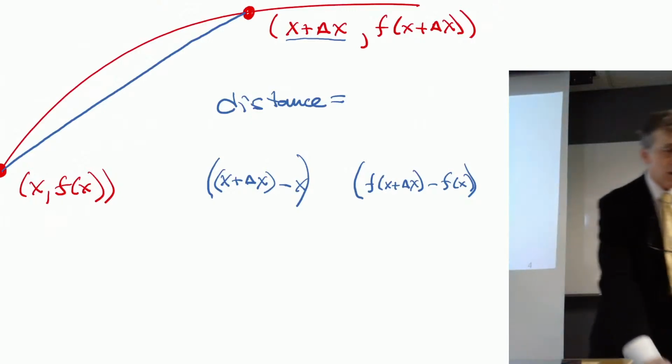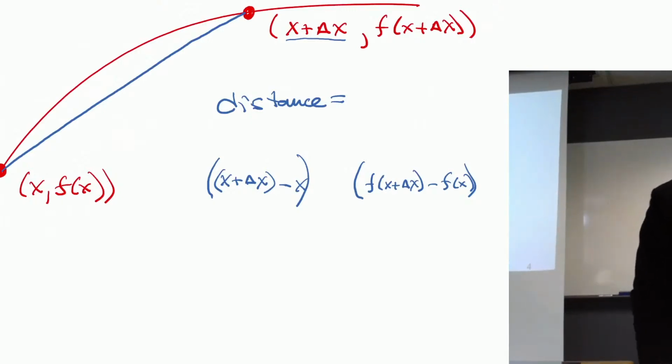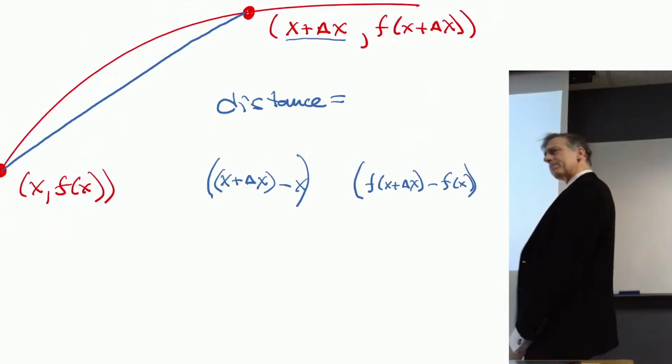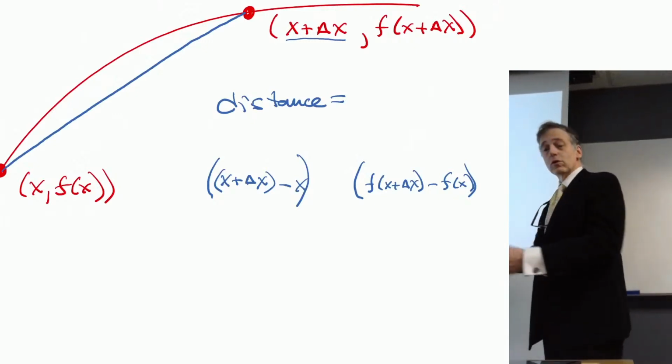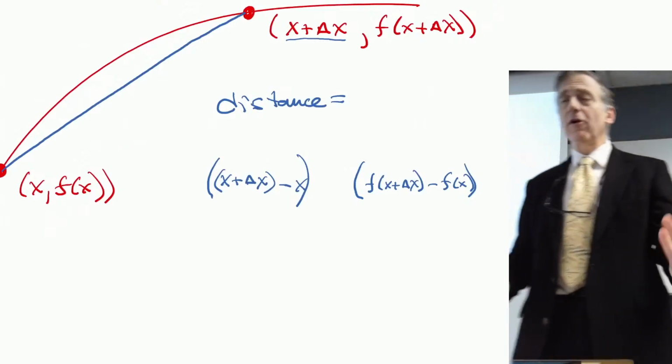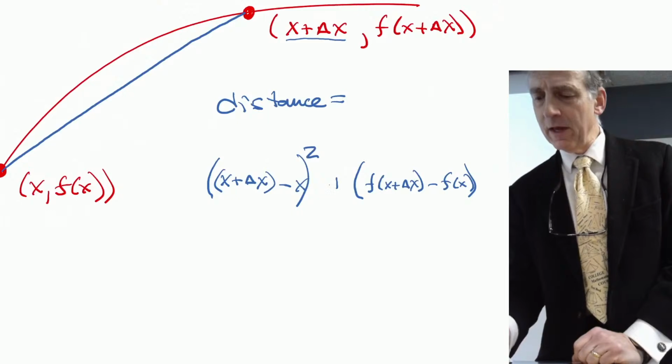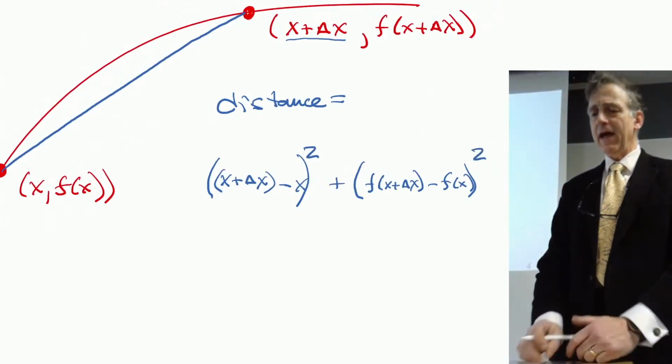Okay, excellent start. Let's find another person to do this next step. Ryan, what am I going to do with those differences? Square them and add them together. Good point. It kind of is reminiscent of the Pythagorean theorem. Let's do that. Square them and add them together.